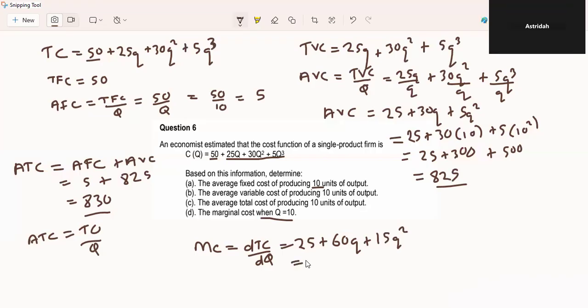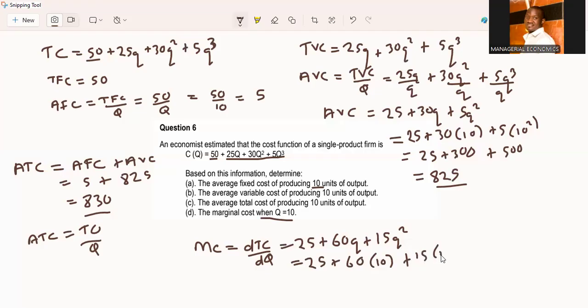Yes. Then we substitute. Where there is a Q, we put a what? A 10. So here we're going to put a 10. You're going to put 15 times what? 10 squared. So this will be what? 25 plus 600 plus 1500.